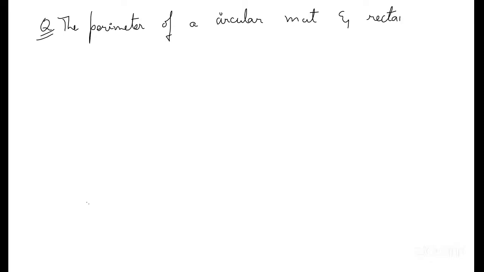The perimeter of a circular mat and a rectangular mat is 132 centimeters.